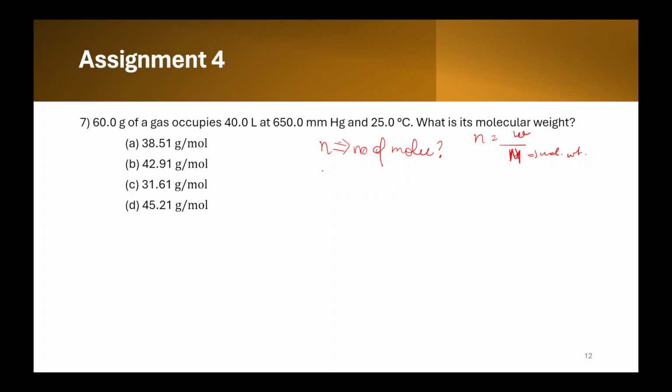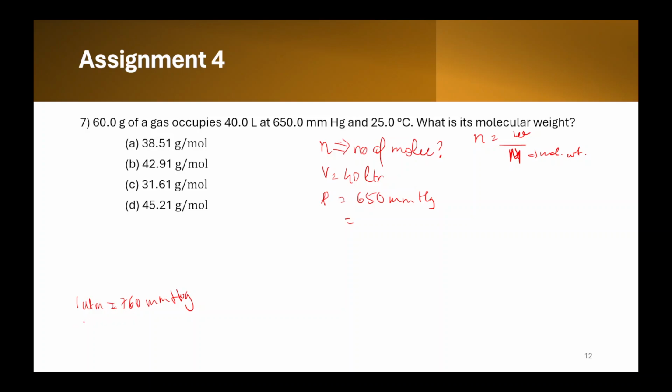Firstly, the volume is 40 liter. Pressure is given in mm of Hg, so firstly we need to convert it to atmospheric. 1 atmospheric is equal to 760 mm Hg.